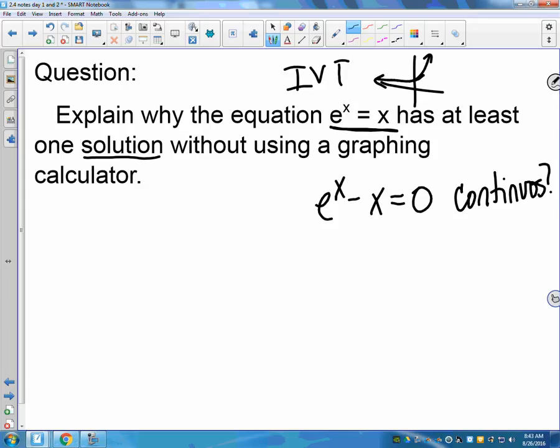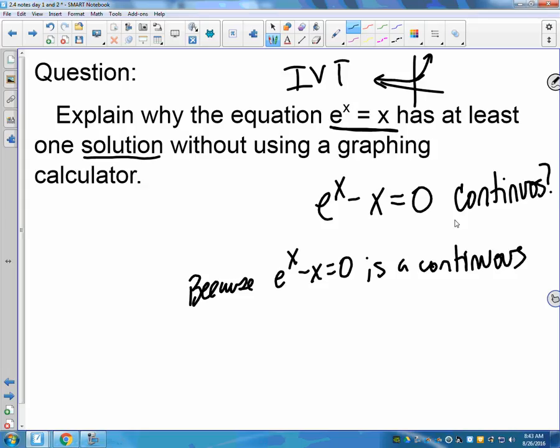It does have a domain of all real numbers. Minus x is not going to look just like that, but it's still, x could be anything. So by looking at this, even though I don't know how to solve it, and I don't know how to get the answer other than graphing it and finding it, I could say I know for sure there's one solution, because e to the x minus x equals 0 is a continuous function, or you could say it has a domain of all real numbers.